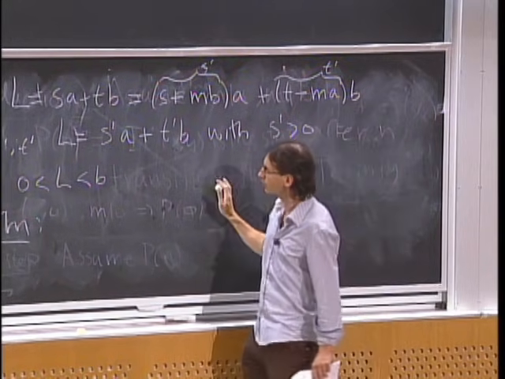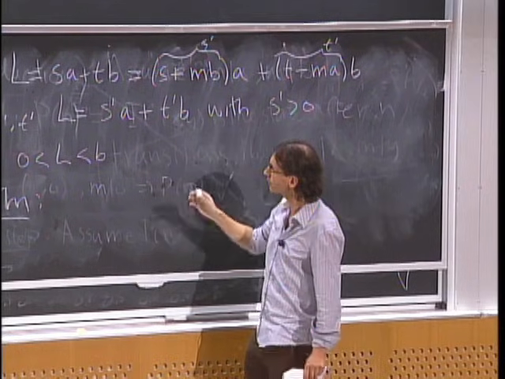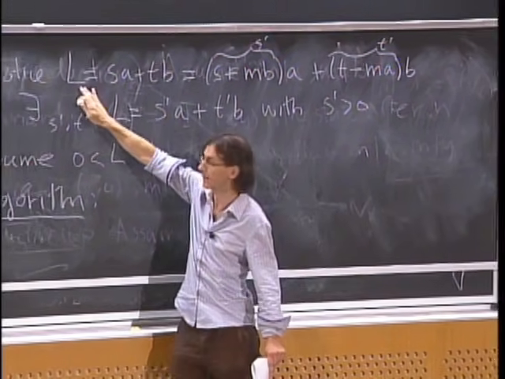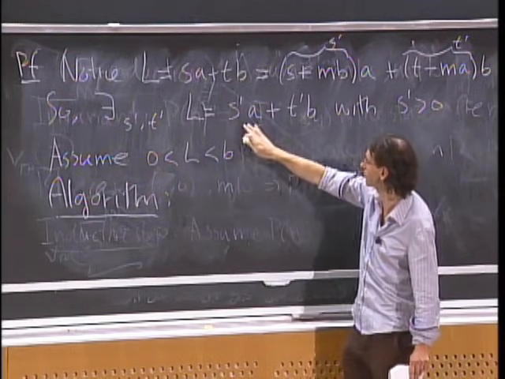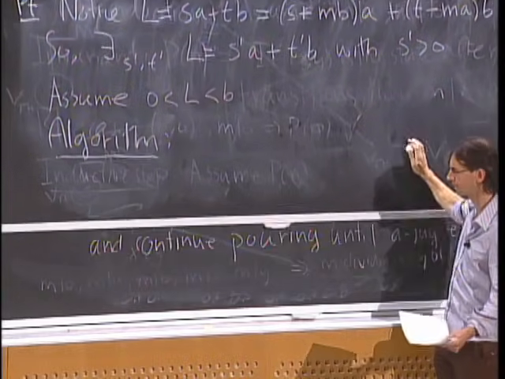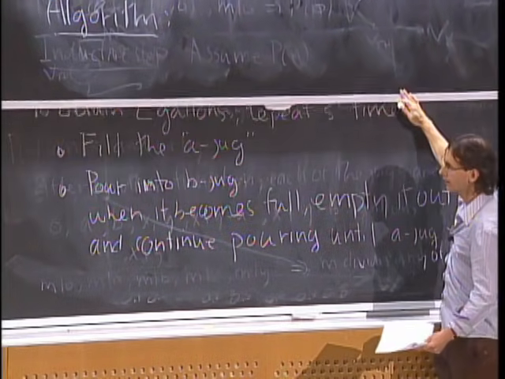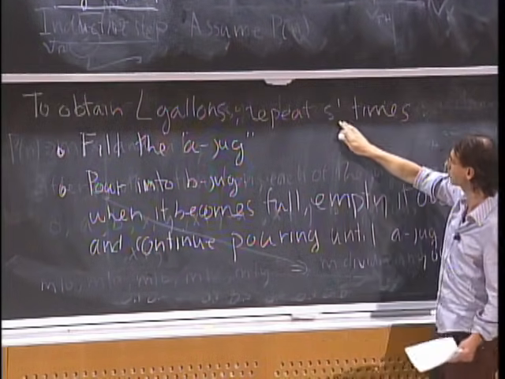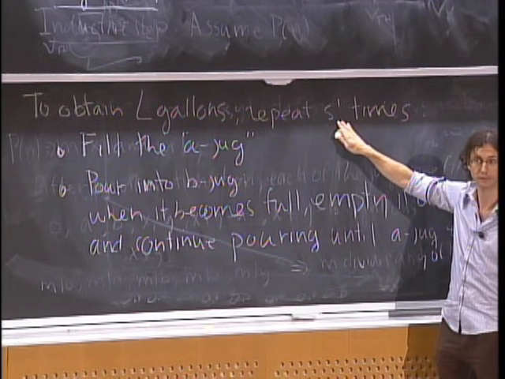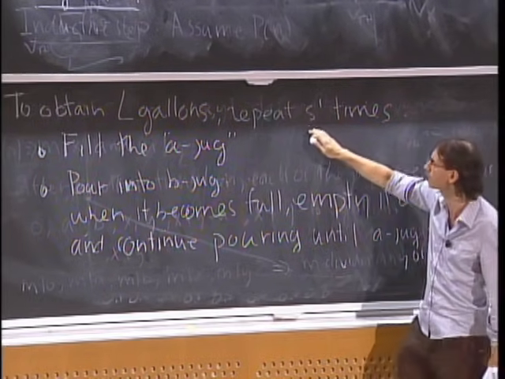So in order to do that, I want to find, say, a linear combination that makes this L such that this S prime is an integer, a positive integer. Why do I want to have a positive integer? Because in this algorithm, I'm going to repeat something S prime times. If S prime is negative, I cannot do it, right? So S prime has to be a positive integer.